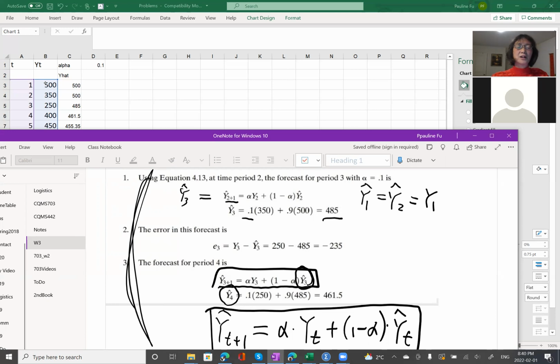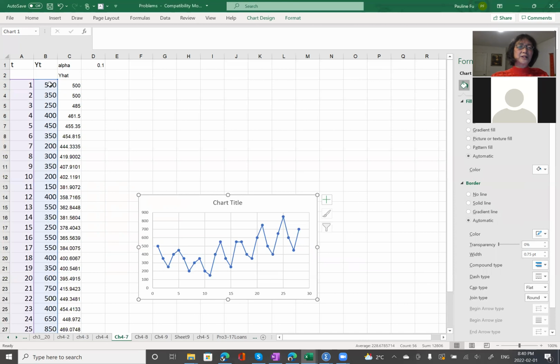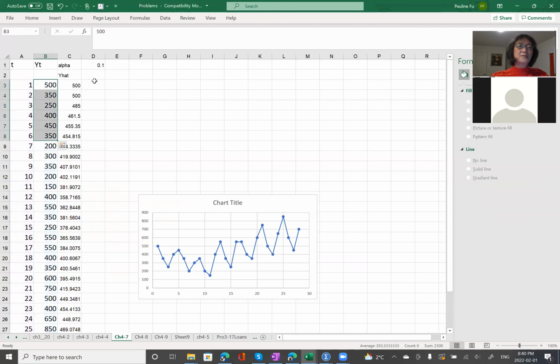Now, how do I use Excel to realize this formula? Those are the original data. Alpha is given, a smoothing constant, 0.1. How do I calculate Y hat? That is the question.